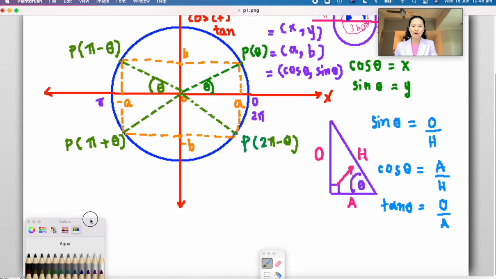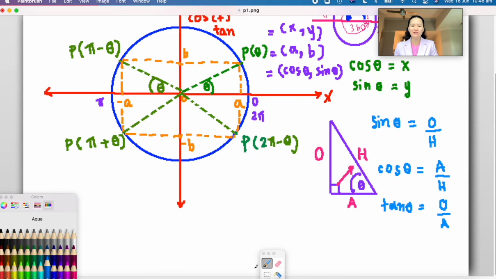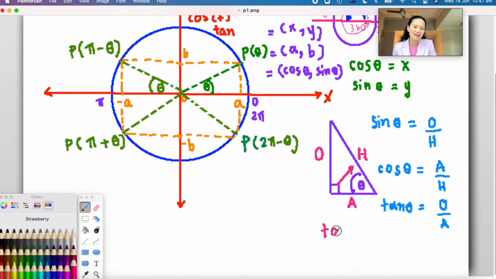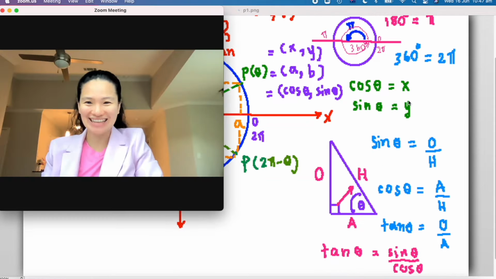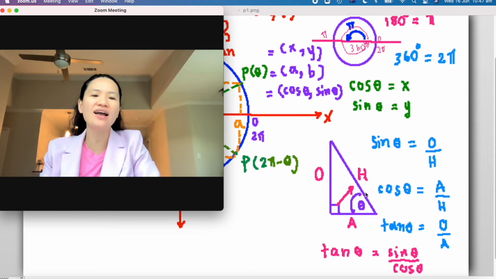But another formula that you need to know is, okay, let me write down here super quick. Tan theta equals sine theta over cos theta as well. Whoa, we have learned a lot. Okay, everyone, you go with me here. Look again. Sine theta equals opposite over hypotenuse.